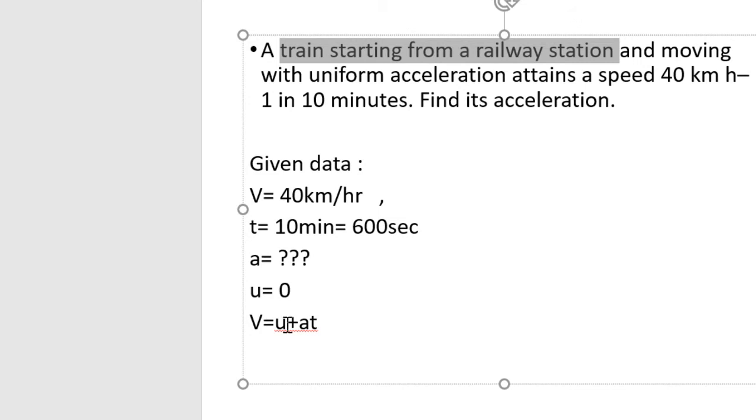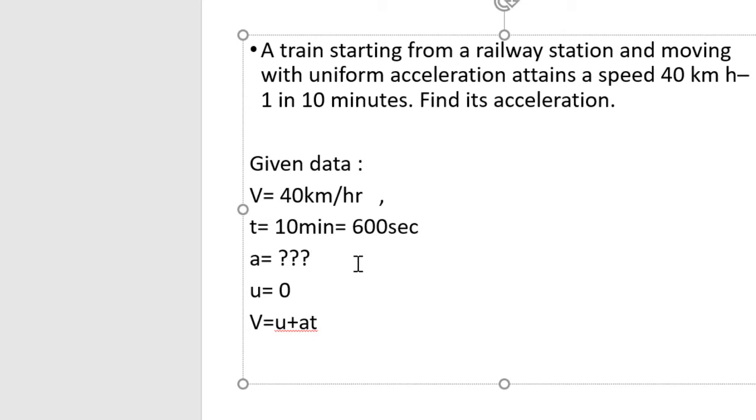So now you know u is 0, v is basically 40, your time is t. But then time is given in minutes. I told you, everything has to be in kilometers per hour, or meters per second, or time has to be in seconds. Get it in one unit. If it is in kilometers per hour, you have to change your 10 minutes also into hours, right?